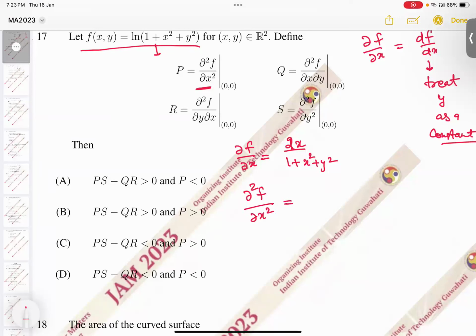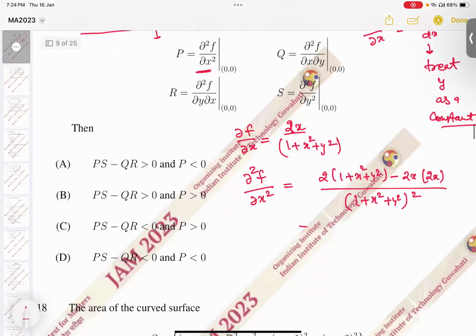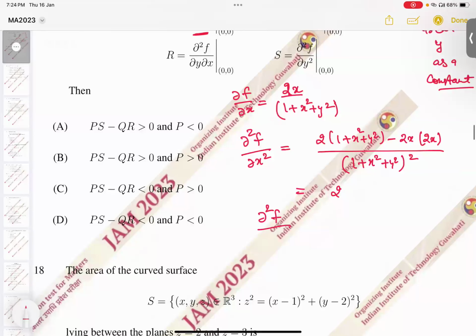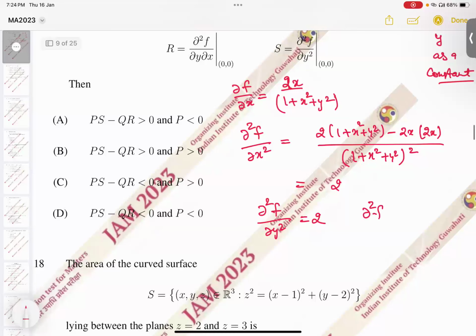This will be equal to 2 times 1 plus x square plus y square, minus 2x times 2x, upon 1 plus x square plus y square, the whole square. Now if you put x, y equal to 0, then you will get 2. Okay, this is true. Similarly, you can check this is actually equal to 2, and you can check this one is 0.